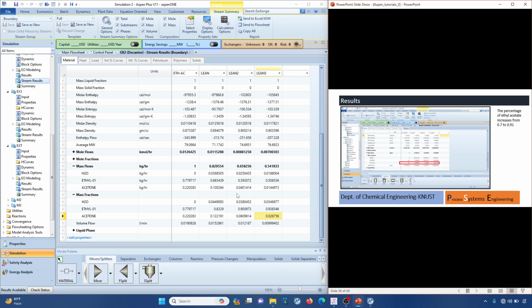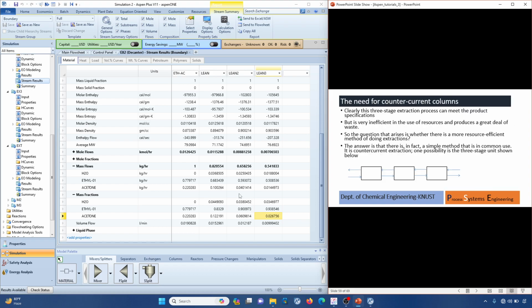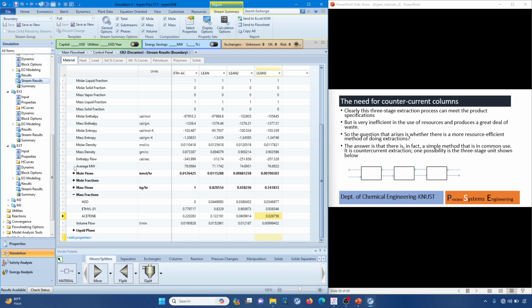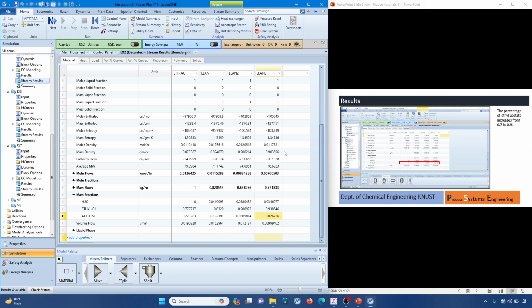So this is one way of simulating extraction in Aspen. But we can see it's very cumbersome. We used a total of 3 kilograms per hour of water, 1 kilogram in each case, so it uses a lot of water.